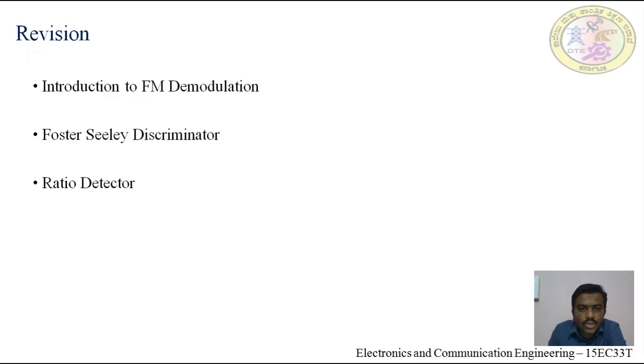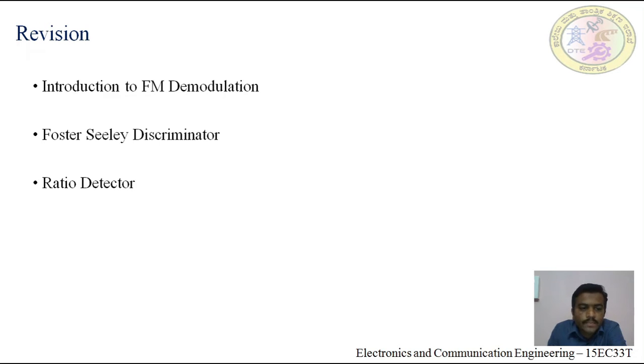The ratio detector circuit also operates by considering three different values of the incoming FM wave. When the incoming FM wave frequency is at resonance, the output generated by the ratio detector is 0 volt. When the input FM wave frequency is above resonance, then the output voltage generated by the ratio detector is a negative voltage.